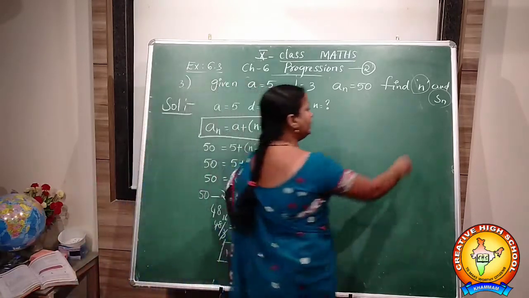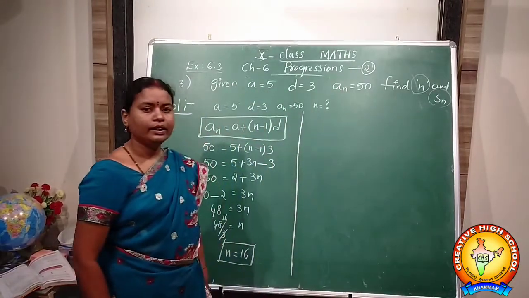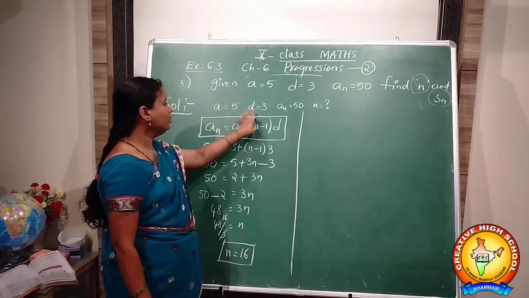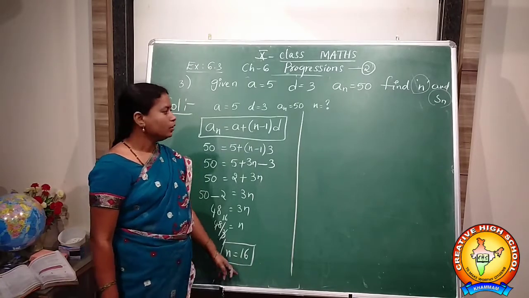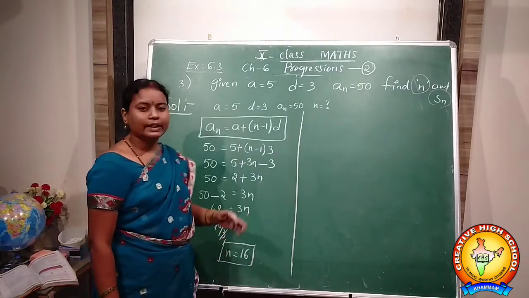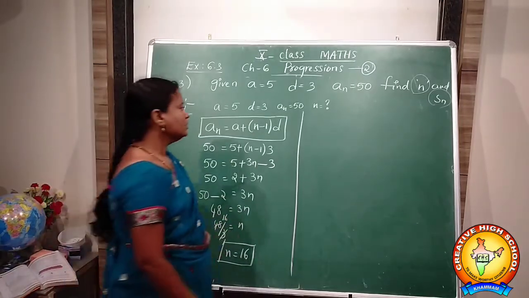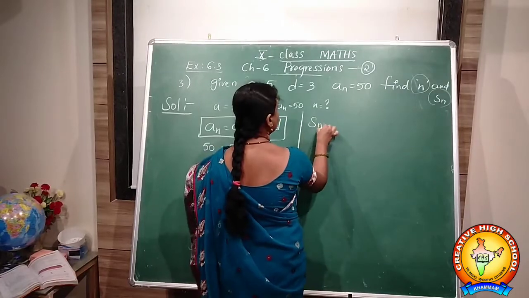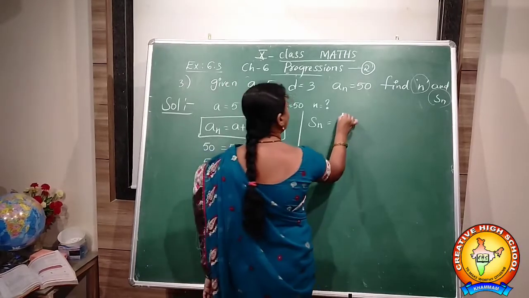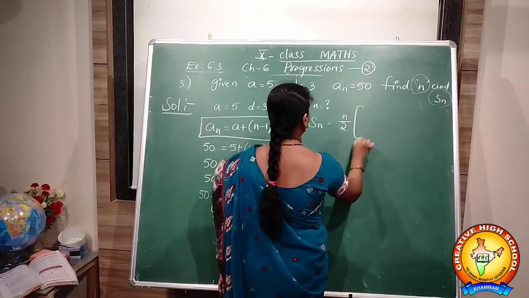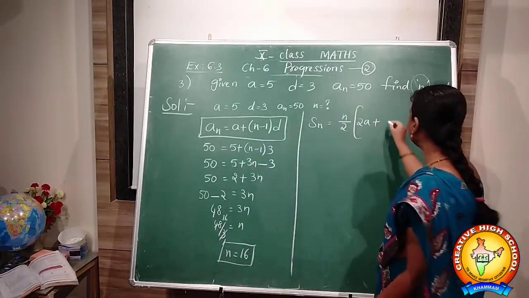Now let us find the Sn value. Already a value we know, d value we know, and also we know the n value. If we know a, d, n values, then it is easy to find the sum of n terms in the AP series. What is the formula to find the sum of n terms in the AP series? Sn is equal to n by 2 into 2a plus n minus 1 into d.